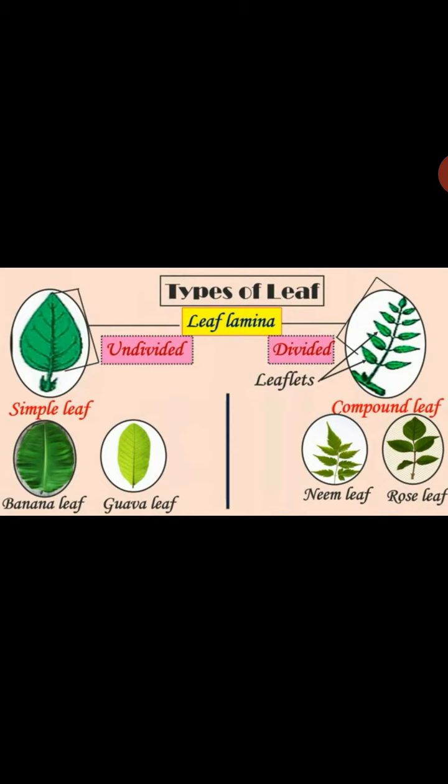So it is called a compound leaf. These leaflets function as a separate leaf. For example, I have shown neem leaf and rose leaf in the picture, which has leaf lamina divided into many small leaflets. So have you understood students about the leaves?